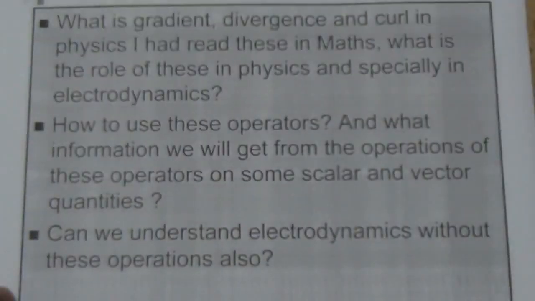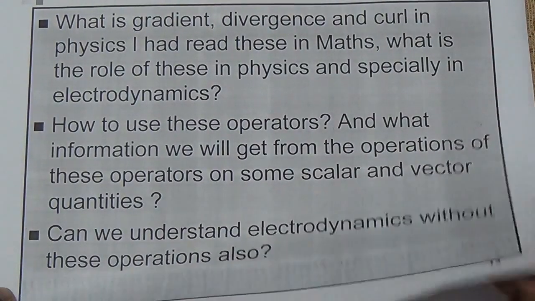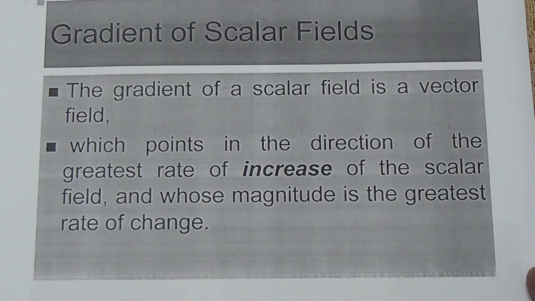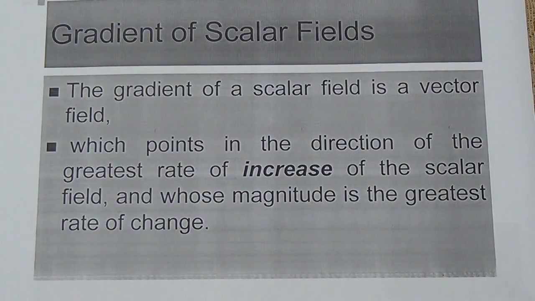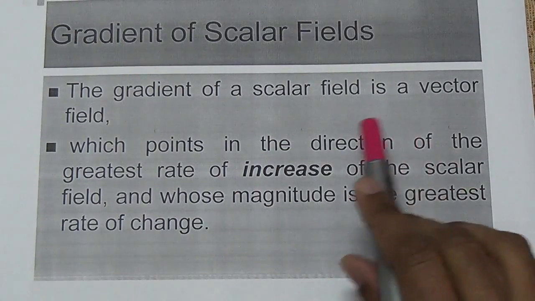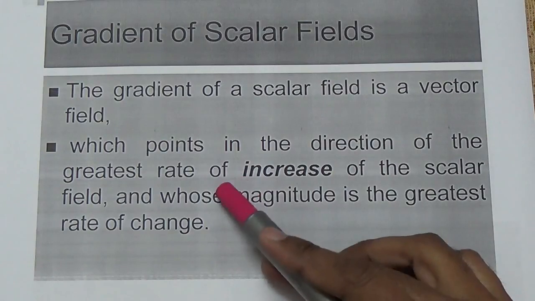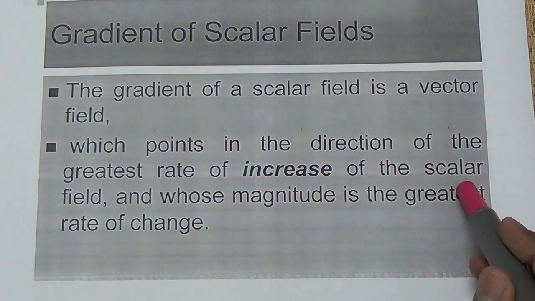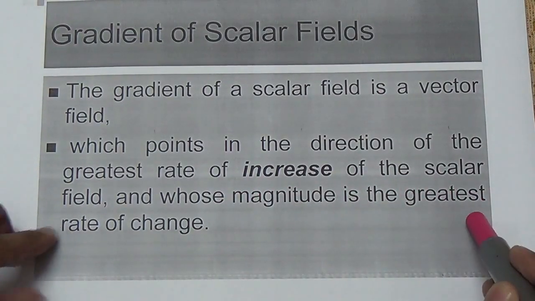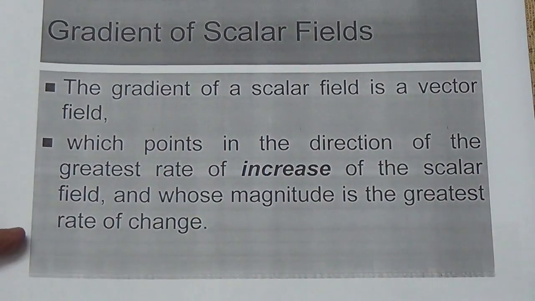Now the next point is related to the gradient. As I told you earlier, the gradient of a scalar field is a vector field which points in the direction of the greatest rate of increase of the scalar field, and whose magnitude is the greatest rate of change, that change basically towards the darker side.